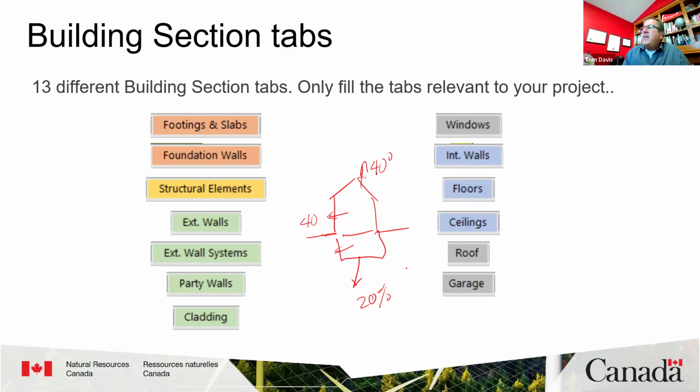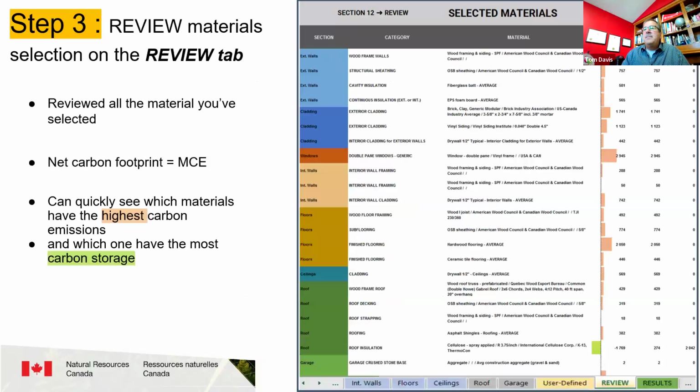In London, Ontario, we used HOT2000, and it determined that we wanted R20 for the basement, R28 for the walls, R60 for the attic insulation, and R20 under slab insulation. So now all of a sudden we can populate these R values into the carbon estimator and the type of insulation that we're choosing and make an appropriate low carbon selection.